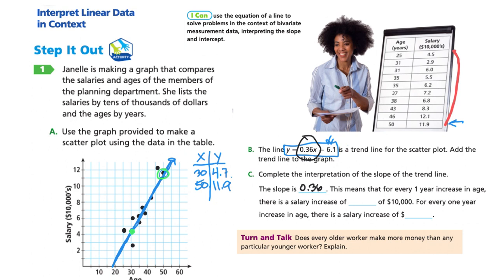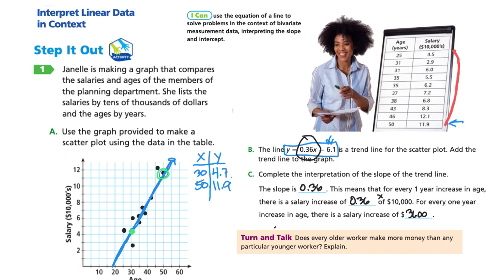This means that for every 1 year increase in age, there is an increase of 36 hundredths of 10,000. And we know that of means times. So for every 1 year increase in age, there is a salary increase. So you would just multiply 36 hundredths times 10,000 and you get $3,600. So for every 1 year increase in age, there is a salary increase of $3,600.